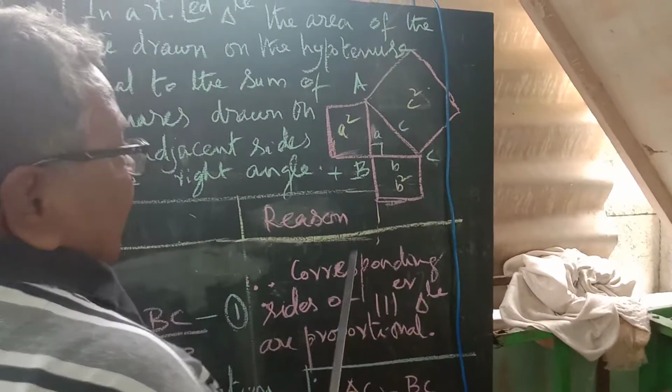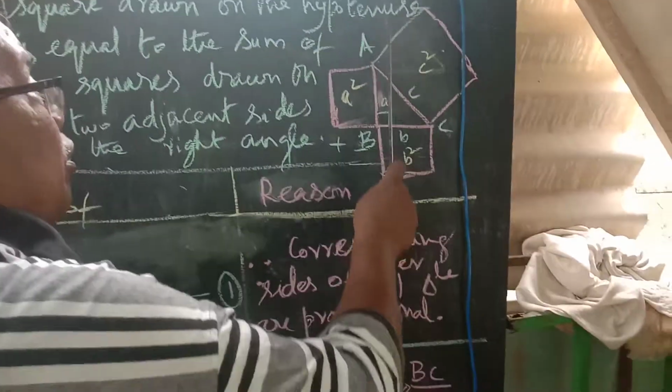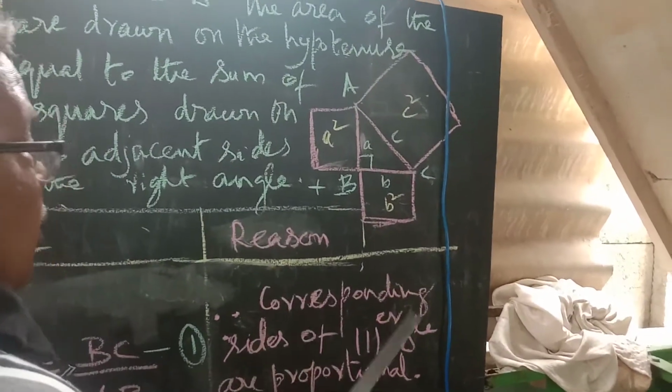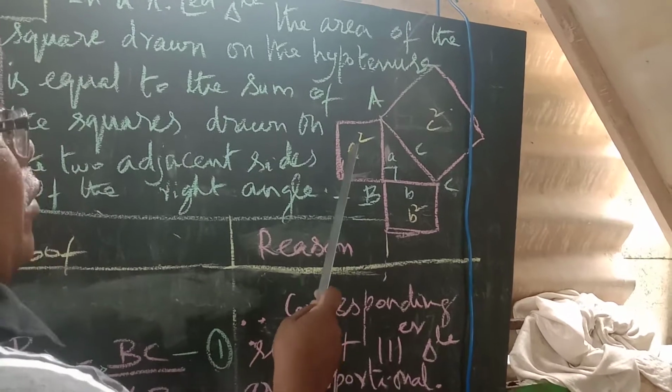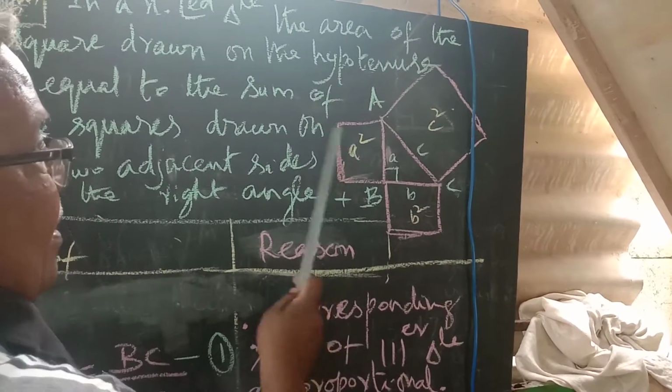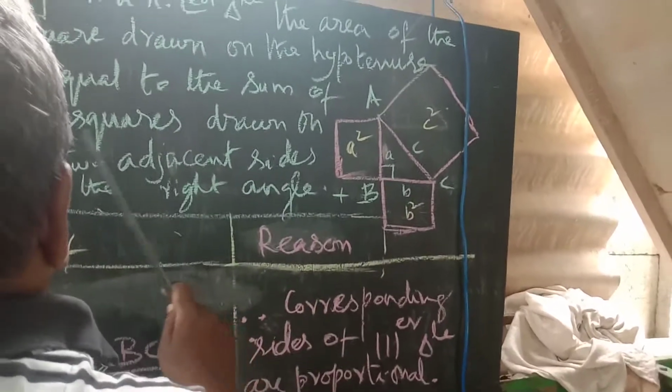In a right angle triangle, the area of the square drawn on the hypotenuse is equal to the sum of the areas of the squares drawn on the adjacent sides.